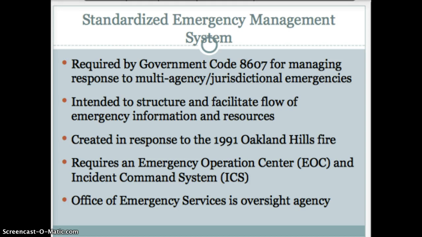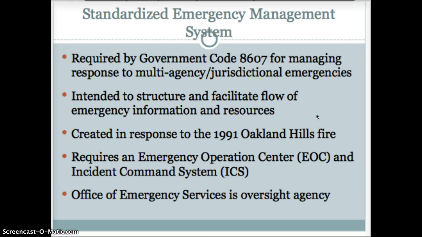It was created in response to the 91 Oakland Hills fire, which many of you may be too young to even remember. It was a big fire up in the Oakland Hills that was an emergency cross-departmental disaster. The coordination among the different agencies and who's in charge and all of that was lacking.